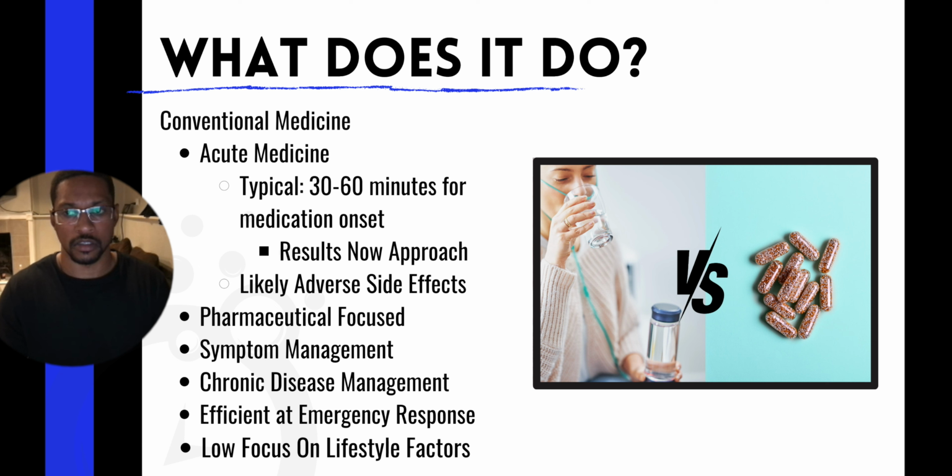So these particular lifestyle factors or risk factors that lead to diseases like eating high fructose corn syrup or having an unhealthy diet, those type of things, right? Those can be lifestyle factors that need to be altered that's going to lead to disease. Conventional medicine typically doesn't address those things.